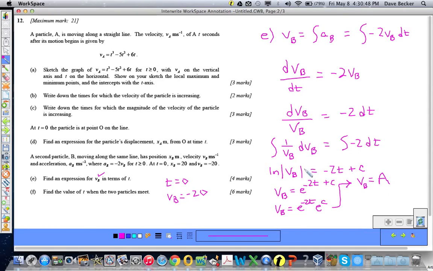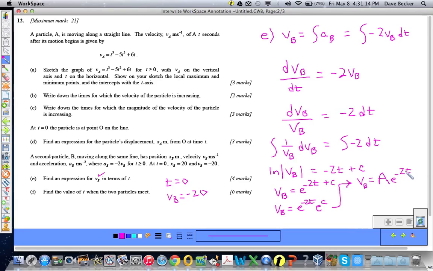You might have said, hey, Mr. B, why didn't you add a constant here? Well, if I add a constant here, I could have moved it over here and combined it with the other constant. So you don't want to get a bunch of different constants going. It's just going to end up as one constant. So if you're integrating both sides of an indefinite integral, you only need one constant. Okay. So this is going to be a e to the negative 2t.